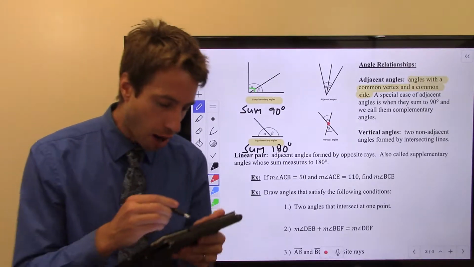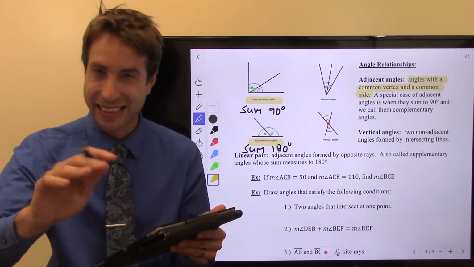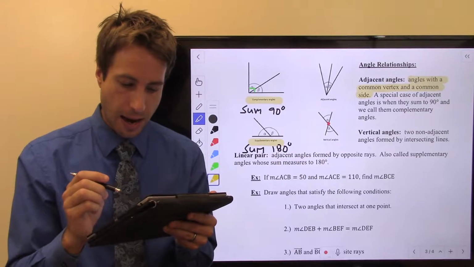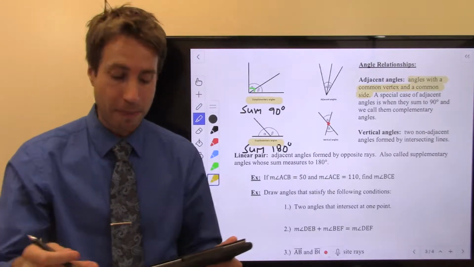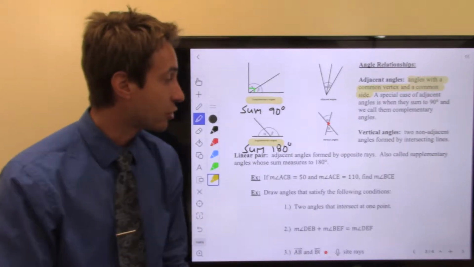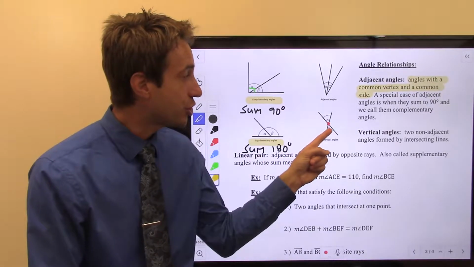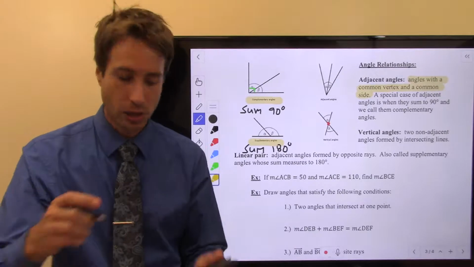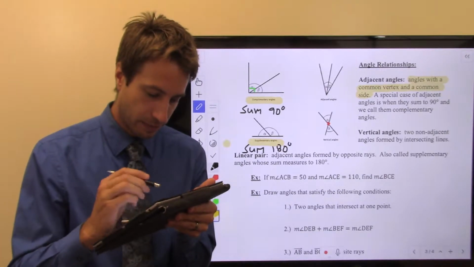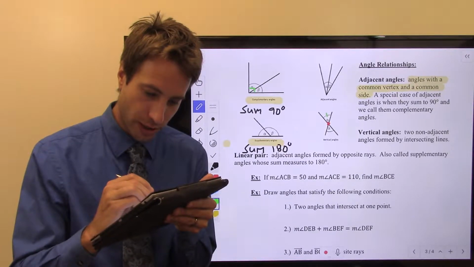However, something awesome about vertical angles, and why I think you can probably figure out why they're going to come up quite a bit, is if you take a look at this, please notice that if you have vertical angles, the measures of the angles are congruent. Put a little hash in there, right?